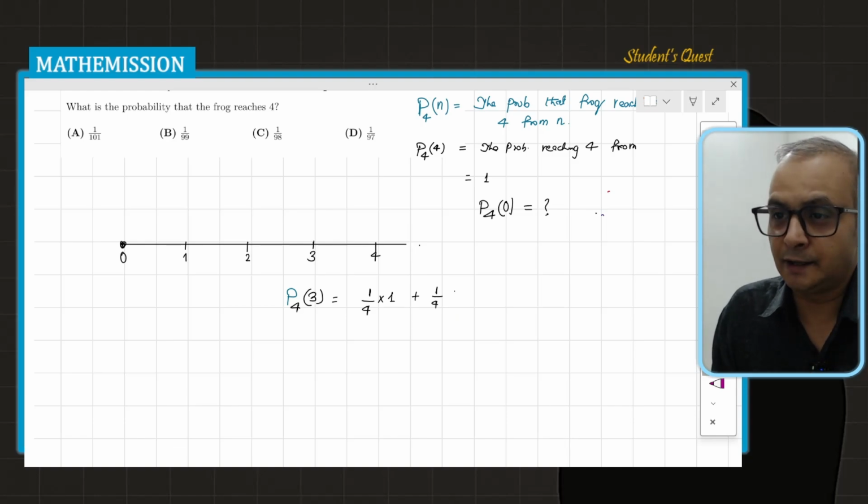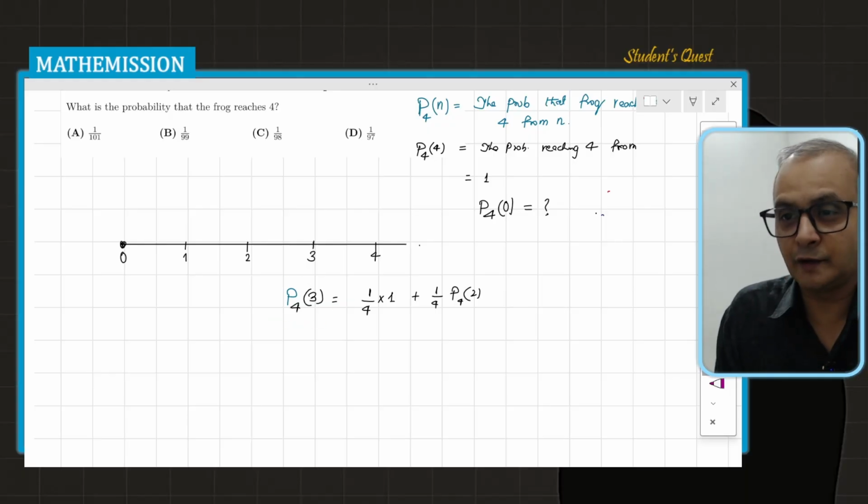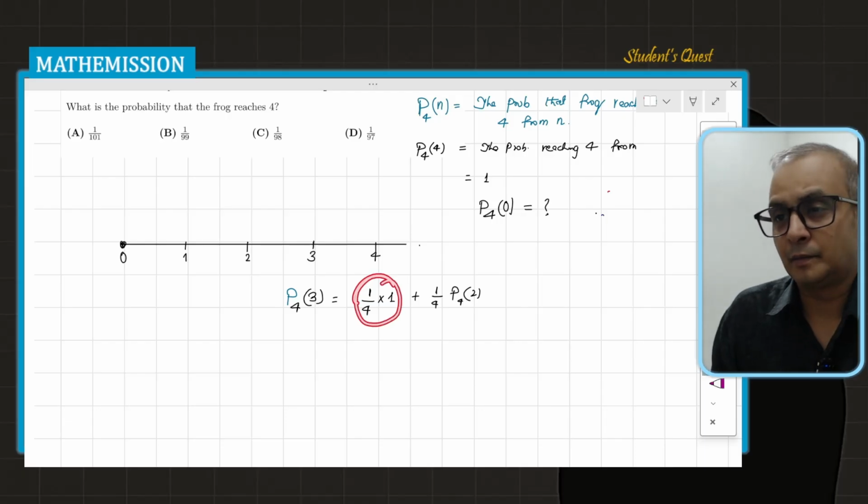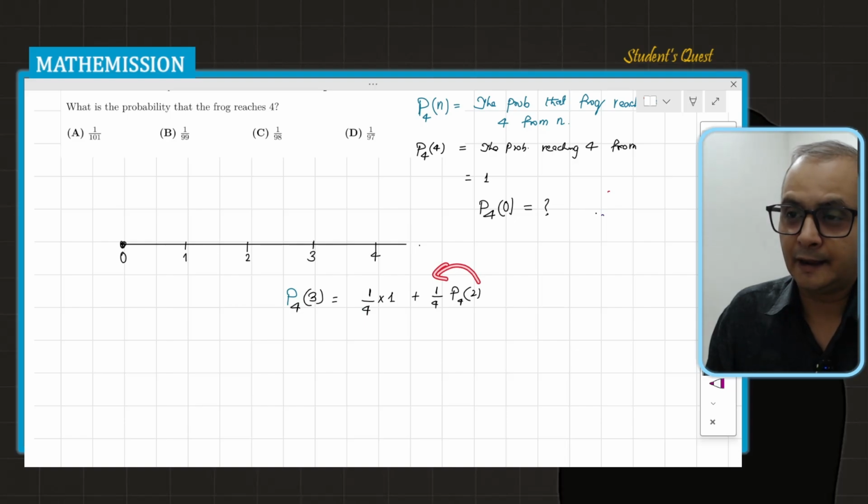So I'm calling that the probability of reaching 4 from 2, because you notice that on the left hand side we want to evaluate the probability of reaching 4 from 3 in all the cases. So this is the first case, when the frog was hopping forward, it has already reached, so there is no such problem there. But here, when the frog is going backward, the going backward has a probability 1 by 4, but it reached 2 there.